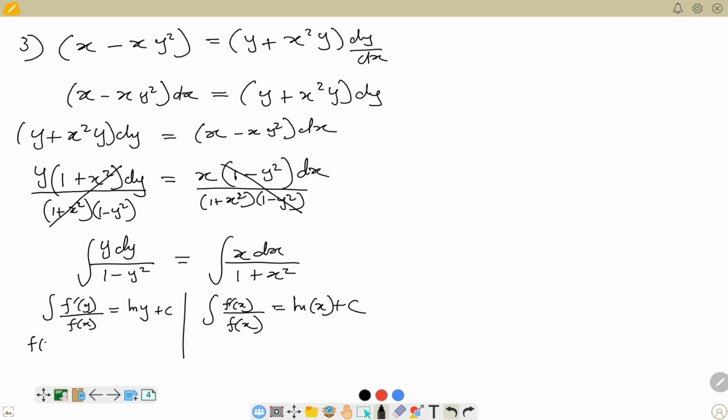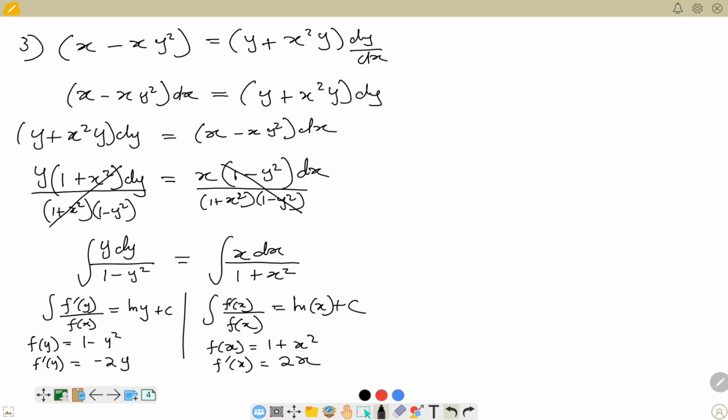So this formula says that if in the denominator f of y is 1 minus y squared, then f prime y, when we differentiate this, we get negative 2y. So on this side, if f of x is equal to 1 plus x squared, when we differentiate with respect to x, we get 2x.